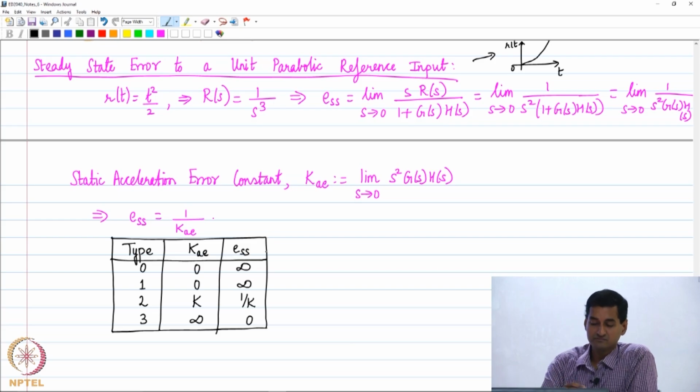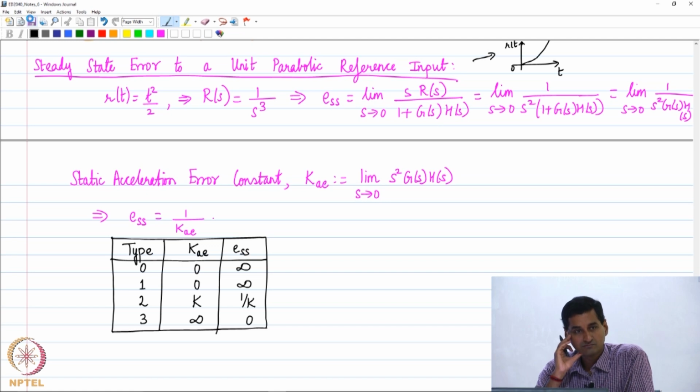Essentially we divided by 2 so that it comes out as 1 by s cube. Instead of just calling it t squared, we use t squared by 2.